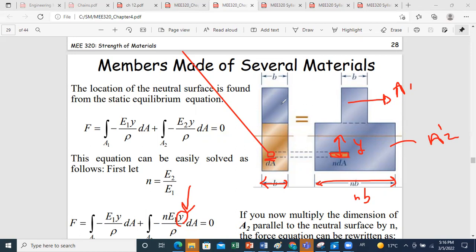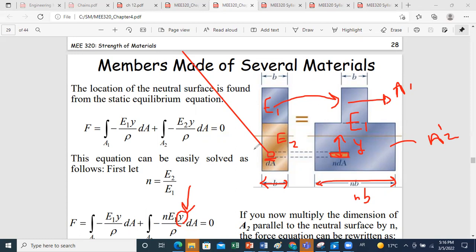So what I did is an analogy between the two types of beams. Here I have a composite beam of two materials of modulus of elasticity E1 and E2. I did a modification to create a beam having one modulus of elasticity E1, with a different area because A2 is modified, but it should have a comparable neutral axis, at the same level.